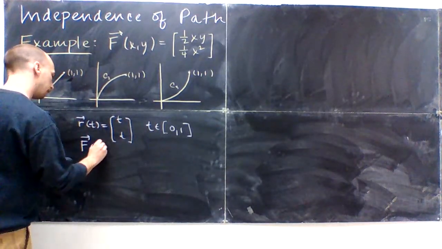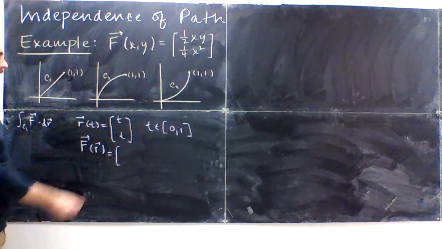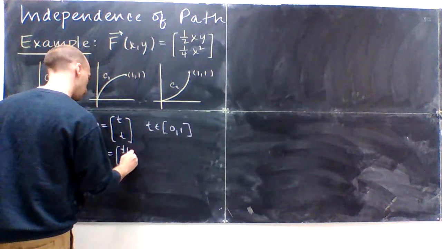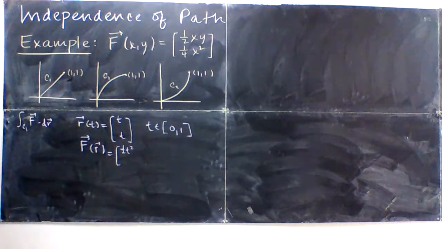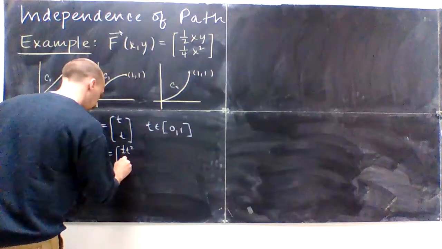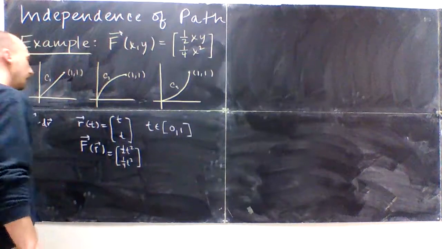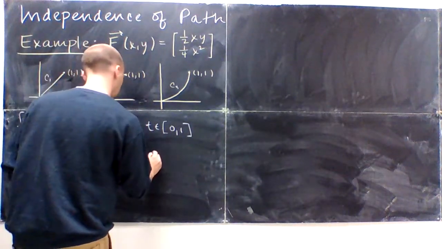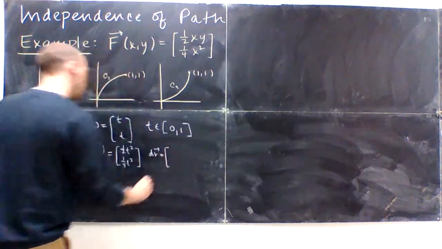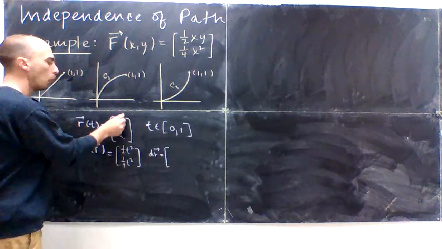And so F of r of t is going to be, 1/2 x times y is 1/2 t squared, and then 1/4 x squared is 1/4 t squared. And then dr is going to be x prime of t dt, y prime of t dt, so 1 dt and 1 dt.